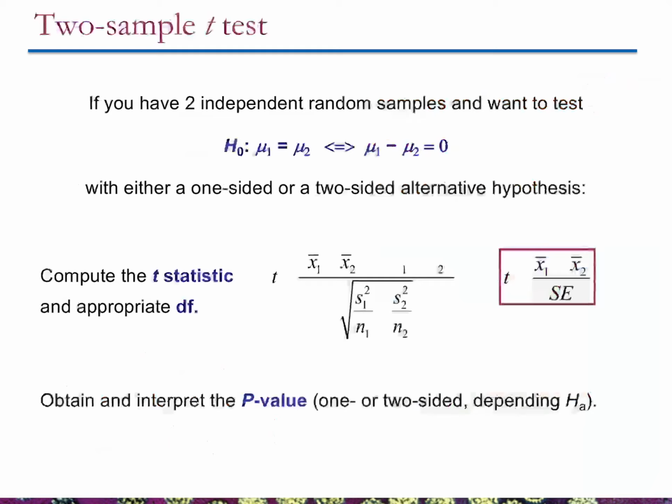All right, so let's talk about this two-sample t-test. So we have two independent random samples, and our null hypothesis is going to be that the mean of population 1 equals the mean of population 2. Another way to think of it, the difference between those two populations' means is 0.